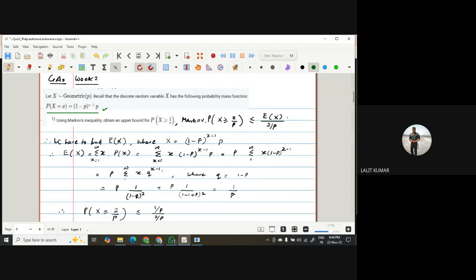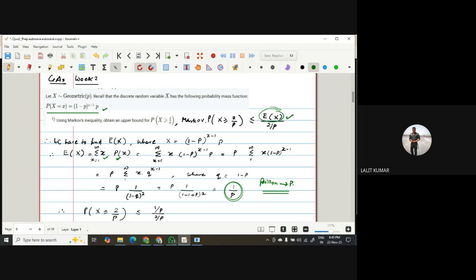So now we have to find only the expectation of X. X is given as (1 - p)^(x-1) p. We know expectation of X is the summation from 1 to infinity of x times probability of x. Once we open this, we can remember that for geometric, the expectation is 1 by p. And here I will cover for Poisson, it is p.